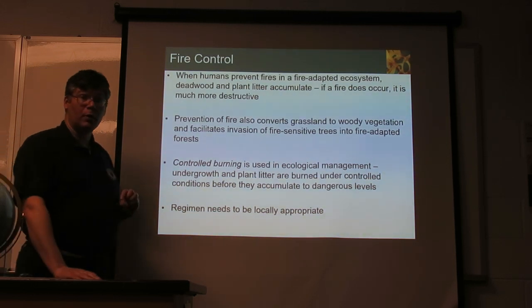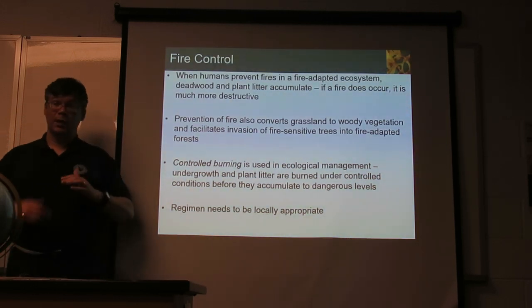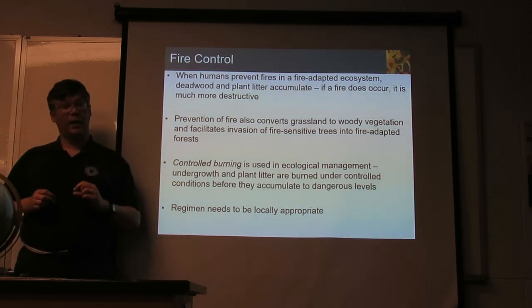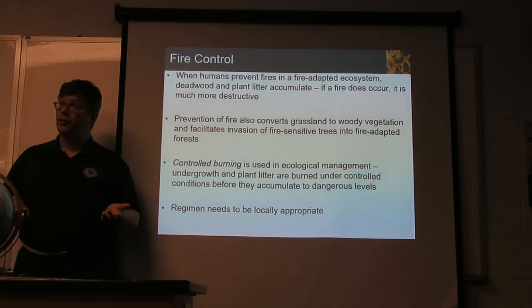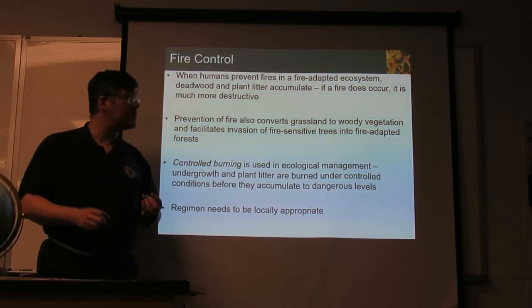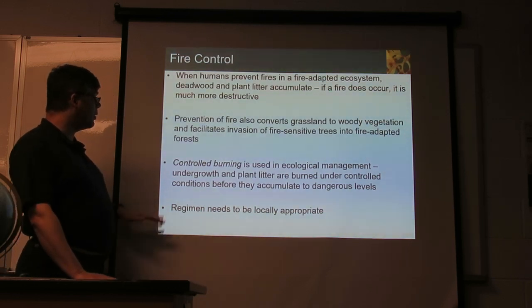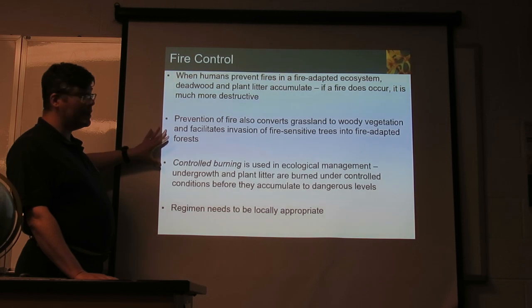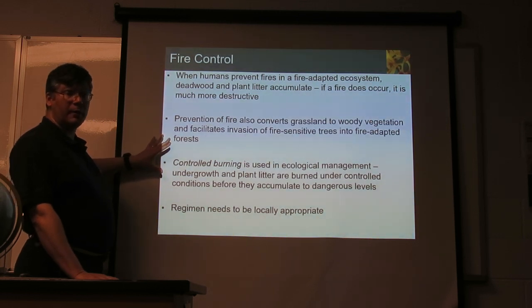And so controlled burning is the term used for the approach to carefully planning, burning an area that should normally burn naturally in order to maintain the native plants and animals in their proper conditions. But again, we need to be careful, figure out what is actually the natural pattern there.